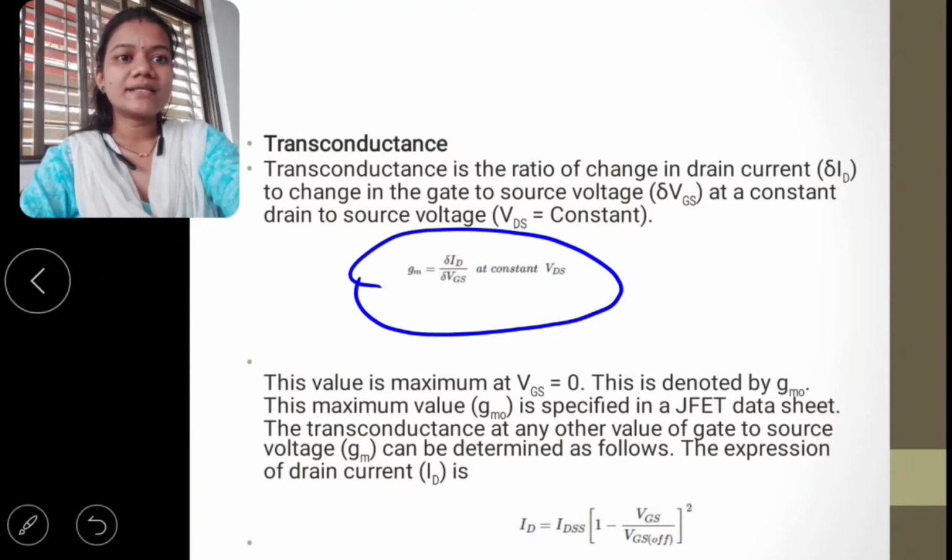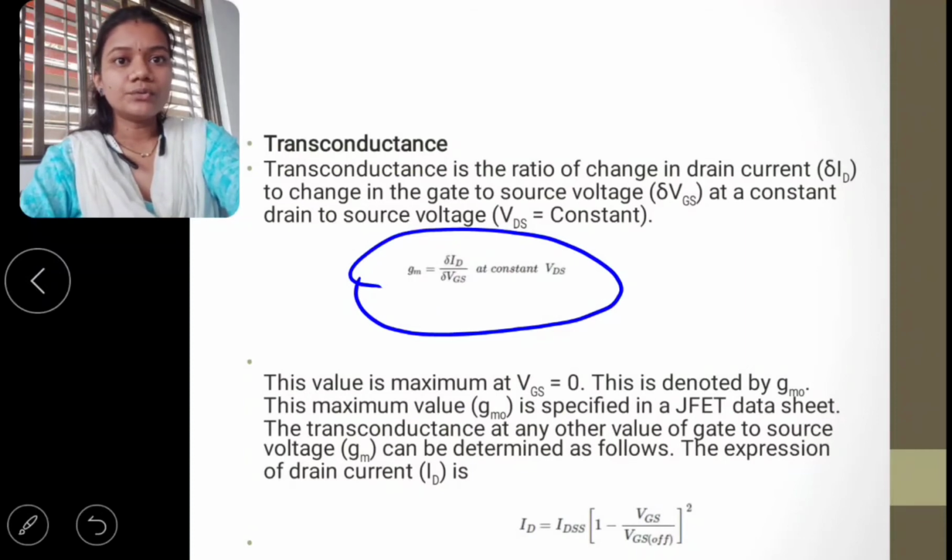This value is maximum when VGS is equal to 0, and it is denoted by gm0. This is the maximum value and it is specified in the JFET datasheet. The transconductance at any other value of gate to source voltage can be determined as follows.